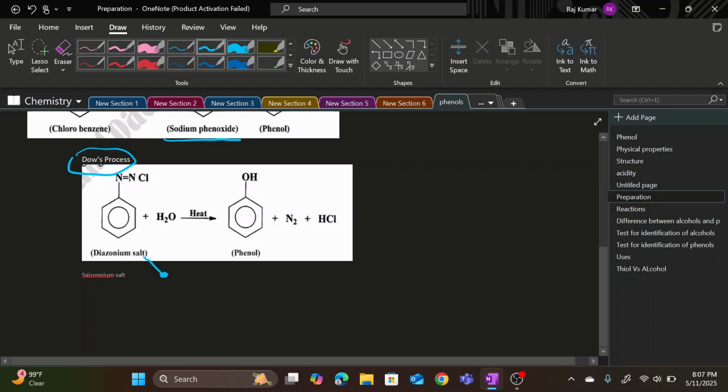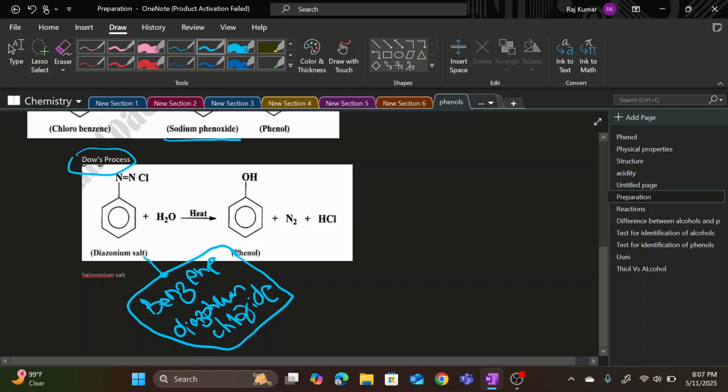The type of diazonium salt we use is benzene diazonium chloride. Below 10 centigrade, I take benzene diazonium chloride and perform its hydrolysis, due to which it will give me phenol, nitrogen and HCl.